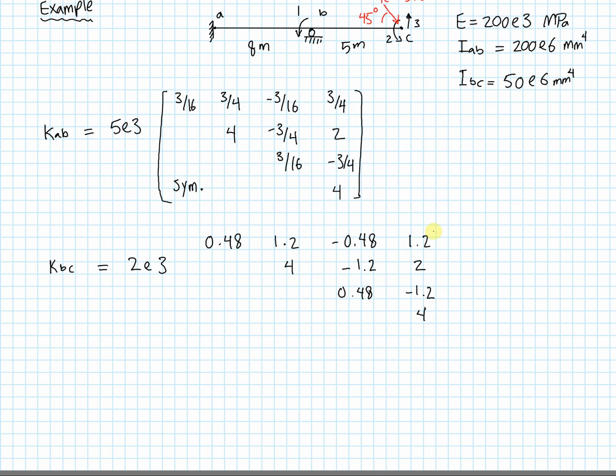Okay, so let's close this matrix, and symmetry.